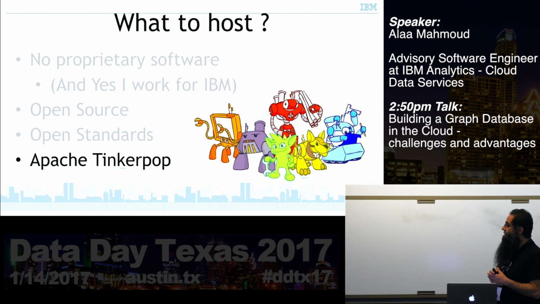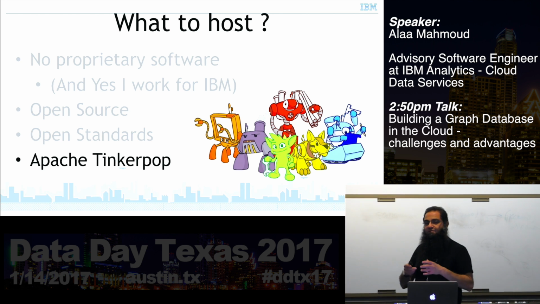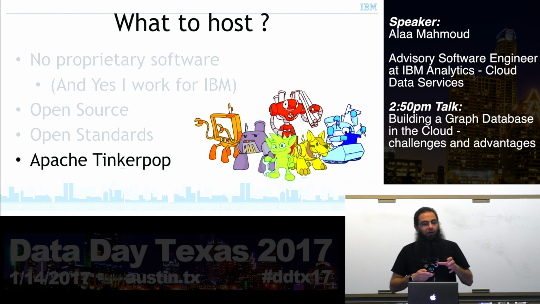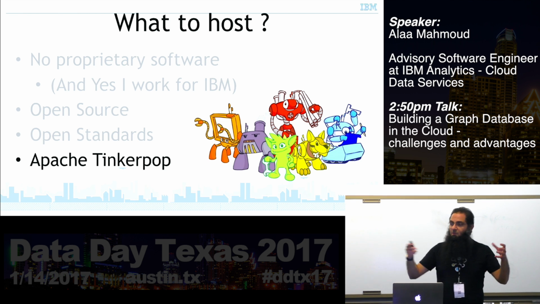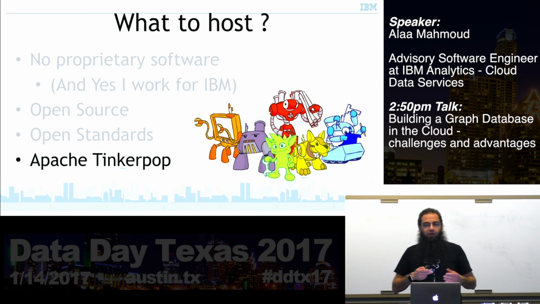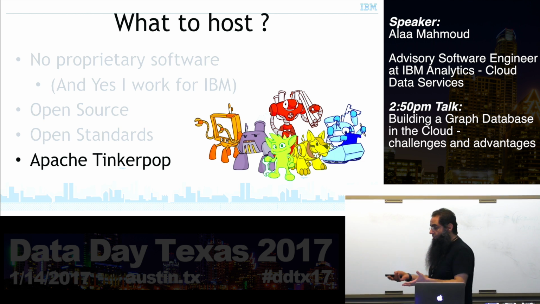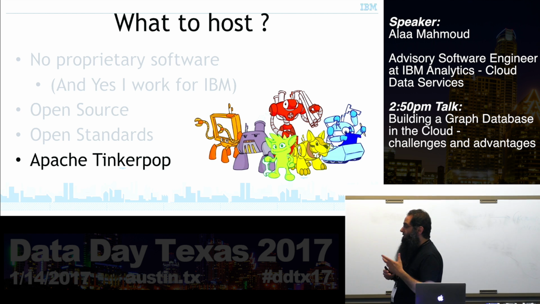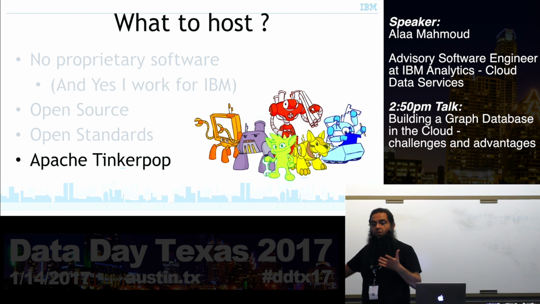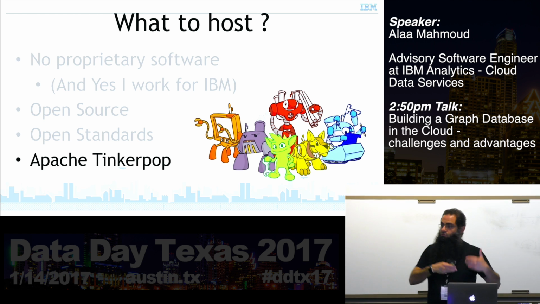And at the same time, what we're getting from Apache Tinkerpop is that it is very popular and is used by multiple of the offerings that you see right now. Things like DSE Graph and others are using Tinkerpop under the hood. That enabled us to do a couple of things. One is that people who are already familiar with the Tinkerpop ecosystem can easily move into IBM Graph.